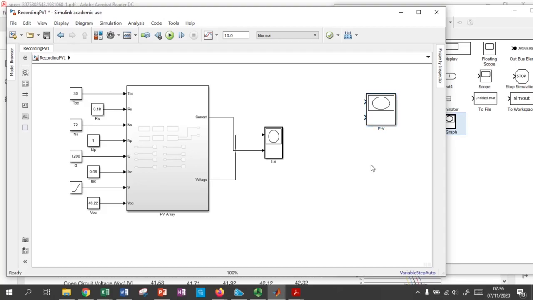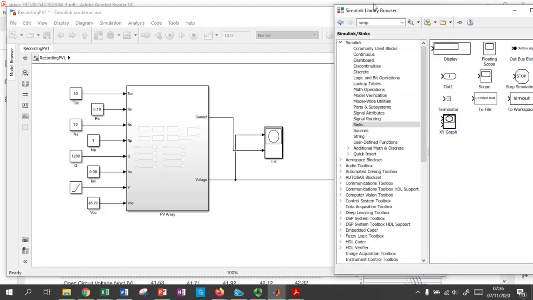Okay, let's see what will happen. This is the voltage one. Then again, the voltage should come here. It's this one. And the other one is the multiply of voltage and current, the product.